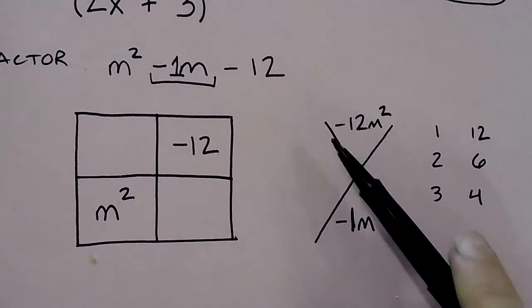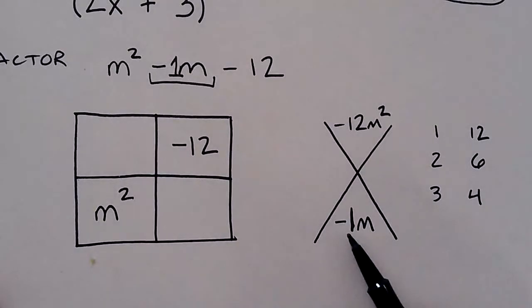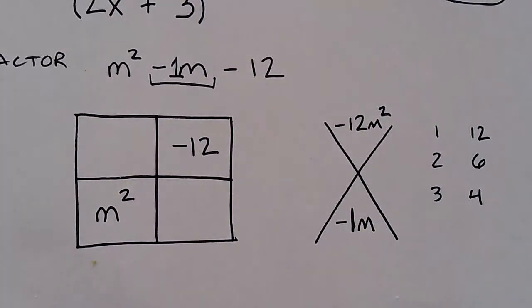So looking at negative 12, if I'm multiplying to a negative value, we know that one factor has to be negative, one factor is going to be positive. I also know that these are going to add to a negative 1, which means I need a negative number that when I add to it, it remains negative.